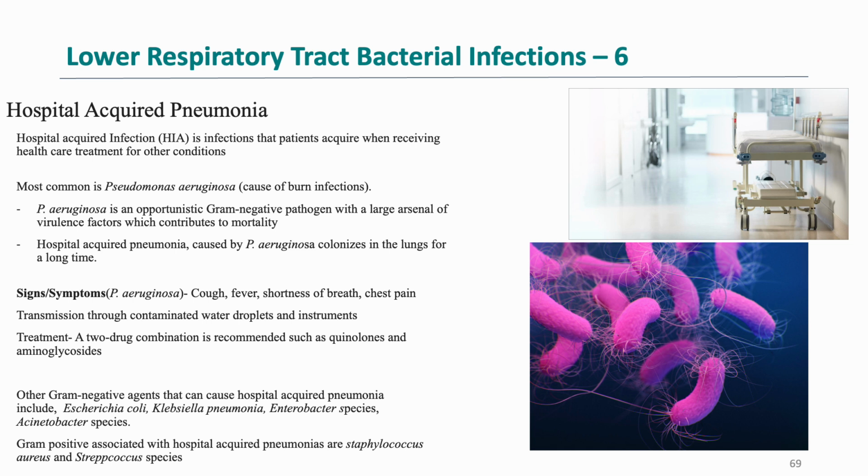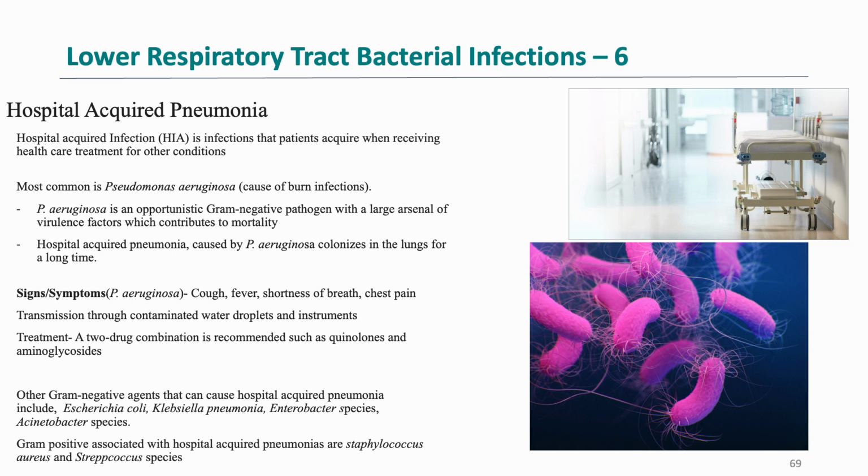So, hospital-acquired pneumonia caused by Pseudomonas aeruginosa colonizes in the lungs for a long time, which leads to chronic infection, and that can form biofilm in the lungs of cystic fibrosis patients, reducing lung function, and that can lead to respiratory failure.